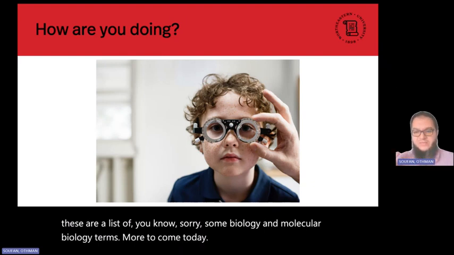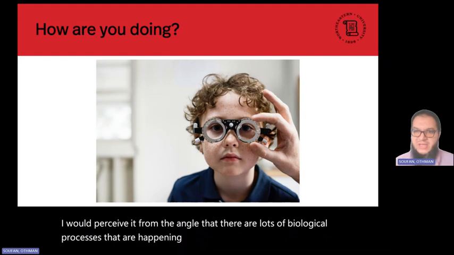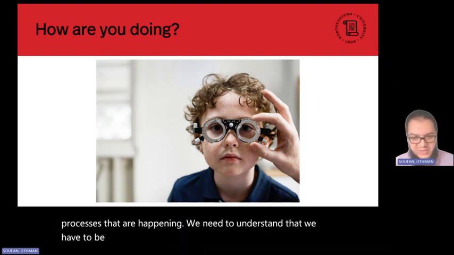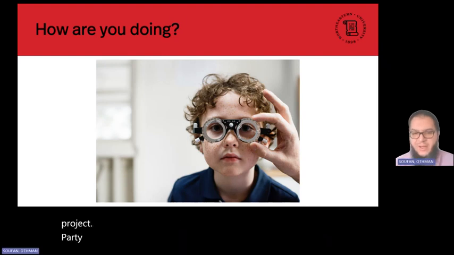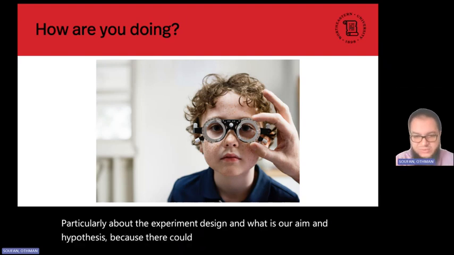I would perceive it from the angle that there are lots of biological processes that are happening. We need to understand that we have to be careful when we are diving into a bioinformatics project, particularly about the experiment design and what is our aim and hypothesis, because there could be many things coming together.